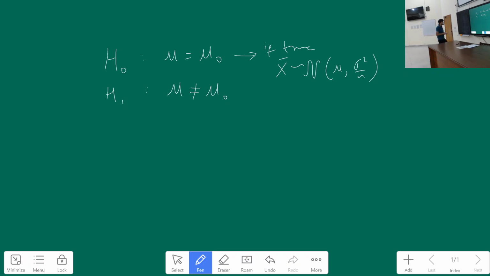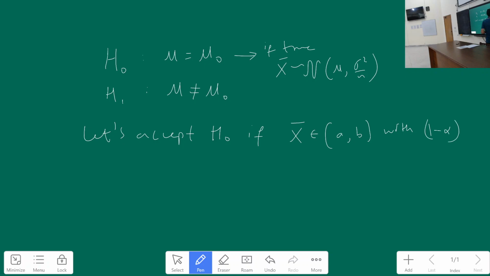So we come back to that and we say, okay, let's accept H naught if x bar lies within a region a comma b with probability 1 minus alpha %.